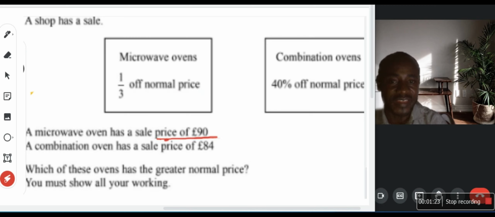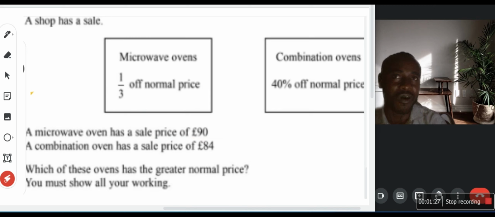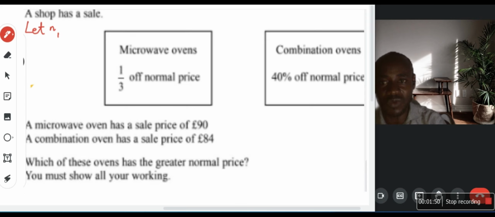If the sale price is £90, after we've taken out 1/3, that's 1/3 out of what it was originally. So we can find the normal price. Let the normal price be X, as we've always done.